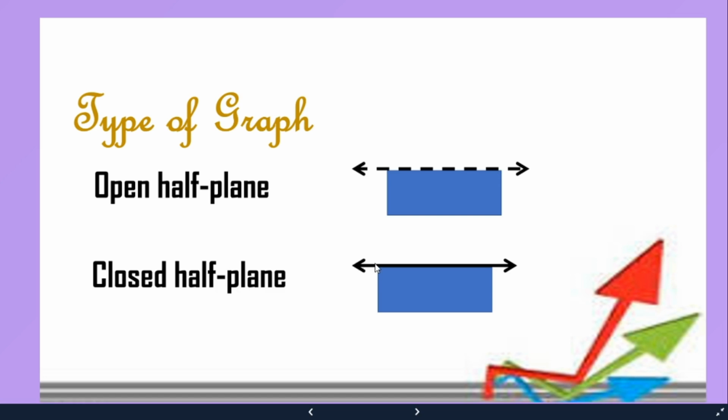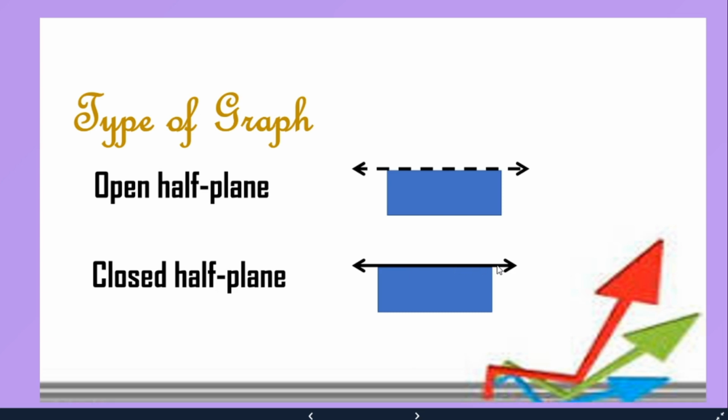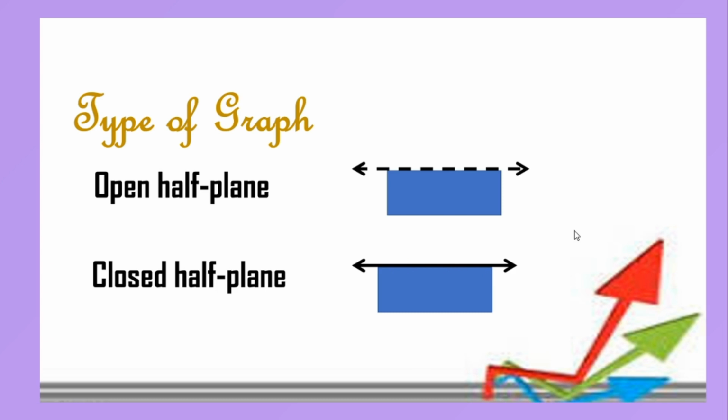While kapag siya ay closed half plane, kung ano man ang daanan ni solid line, halimbawa nandito yung point, or dito lang, or doon, ibig sabihin po nun, ang lahat ng madaanan ng points ay solution ng inequality.